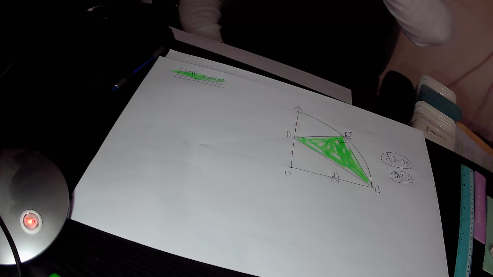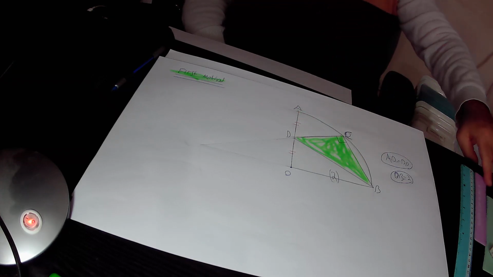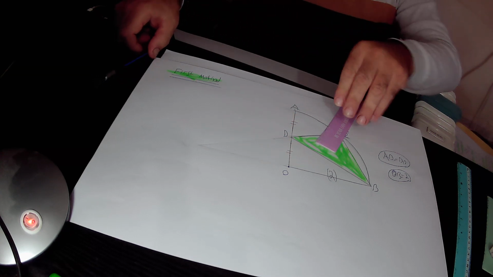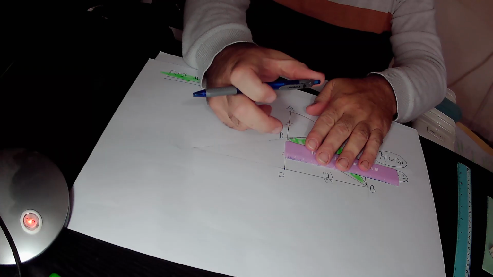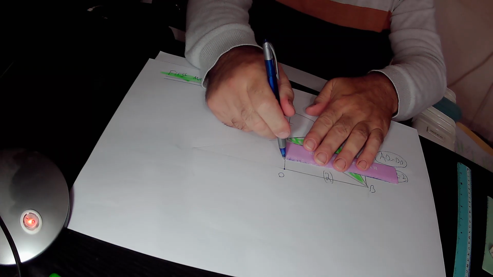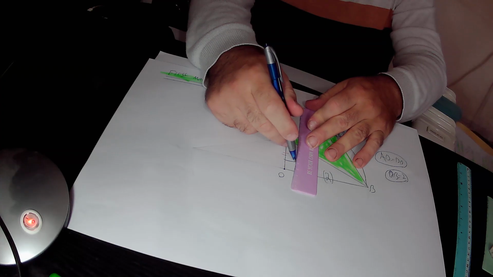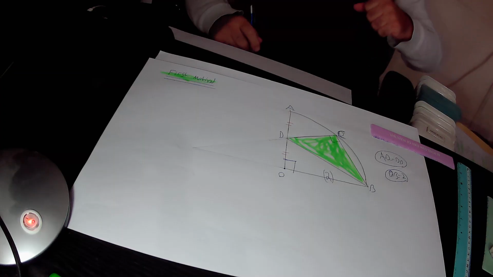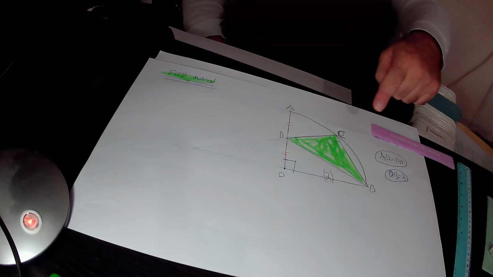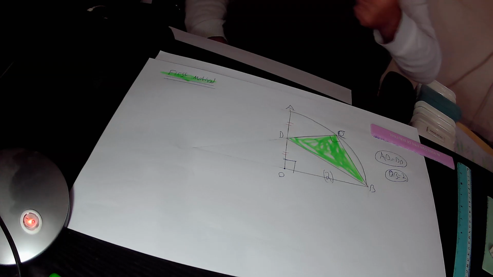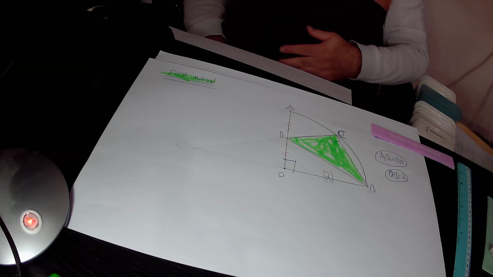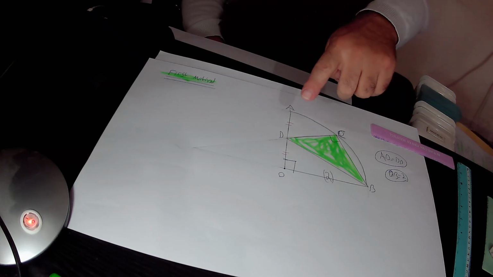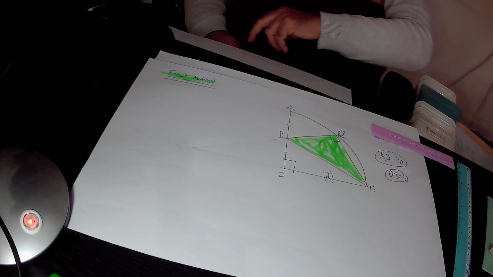So first of all, AOB is a quarter circle, and therefore this angle AOB is a right angle. In addition, OB and OA are both the radii of this quarter circle. The radius OB equals 2, and therefore AO must also equal 2 units in its length.